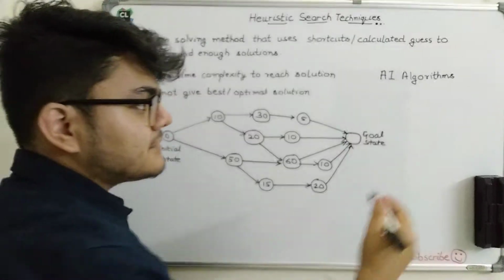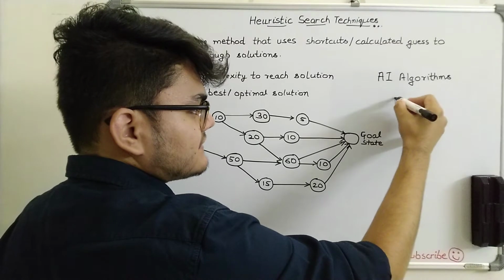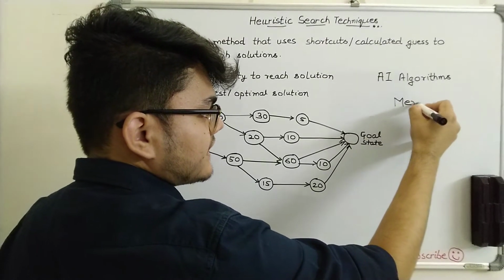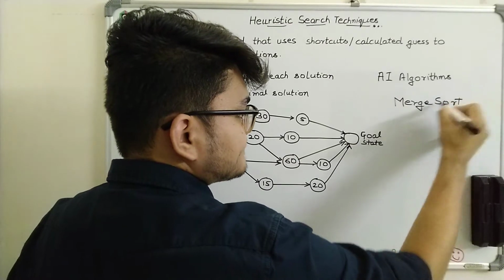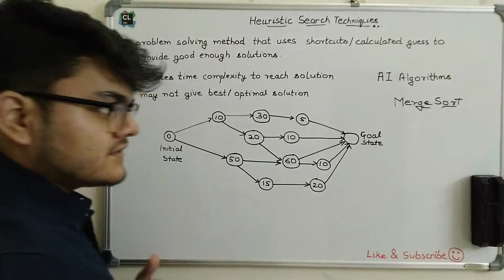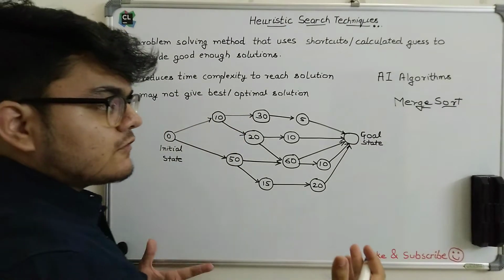Let's take an example of a very traditional algorithm. Let's say we have a merge sort algorithm, right? It is a very basic algorithm which is used to do the sorting of an array.